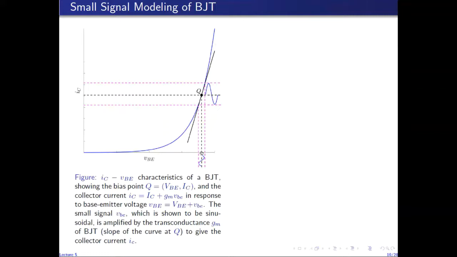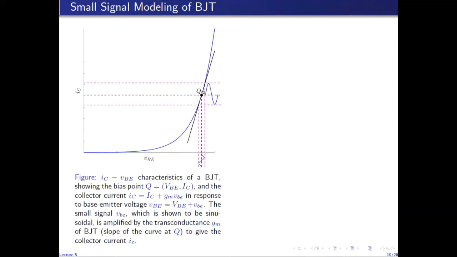As you can see, corresponding to this small signal, we have an amplified but still small signal output current. Small because it is linear in nature, because this signal is just a scaled version of this signal. So when there is no signal, we are at this Q point, the bias point. When we apply this signal, we get a current at the output.